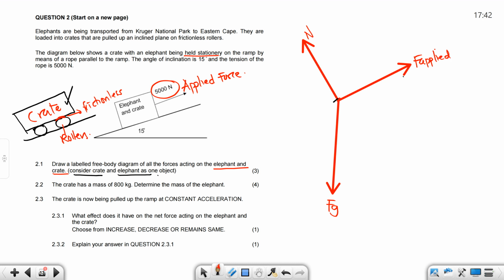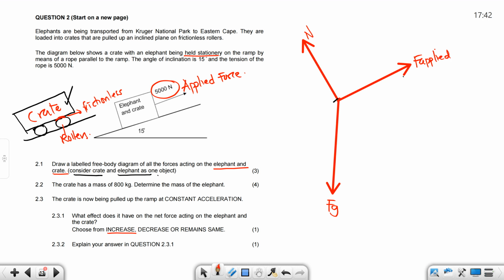Will the force on the elephant increase, decrease or remain the same? It will increase, because the object will accelerate in the direction of the net force. Now that the object is accelerating, net force will also increase. Guys, we are actually done.